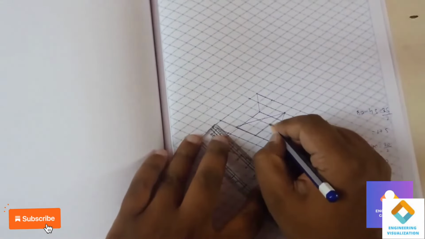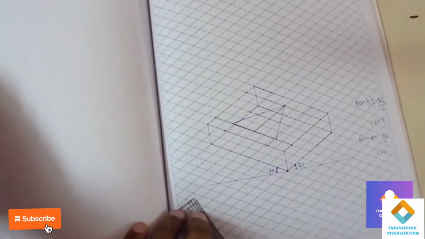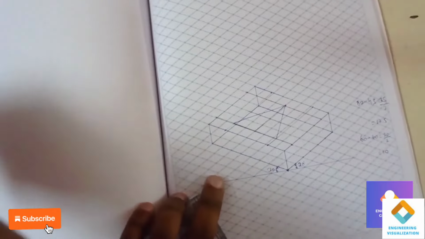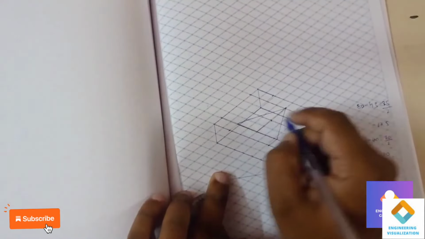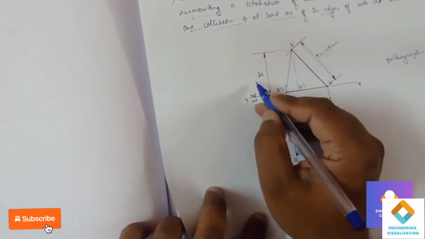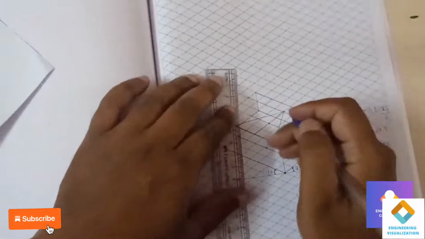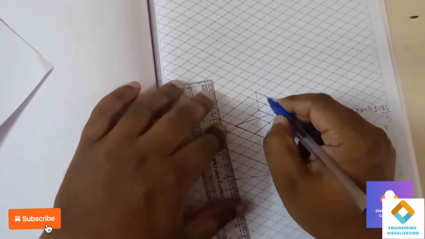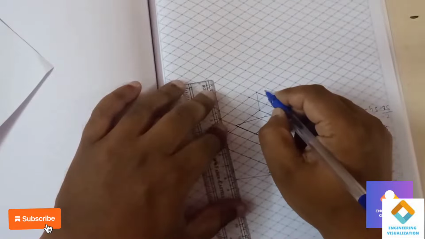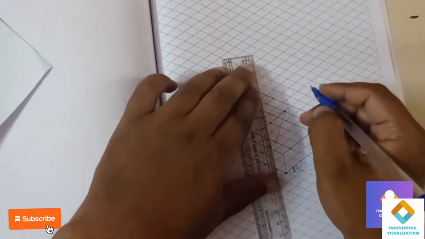From that center point we'll be considering a height of 36. That's what we found from the orthographic height, that is 36 mm. So we'll be considering a height of 36, meaning 3.5 boxes, a little more than the 35.